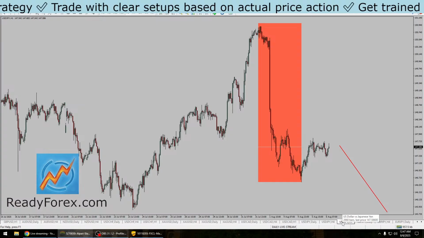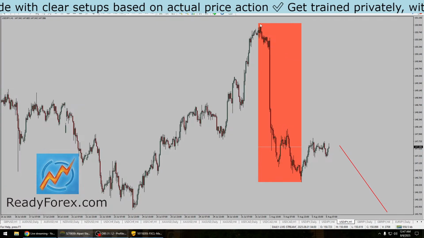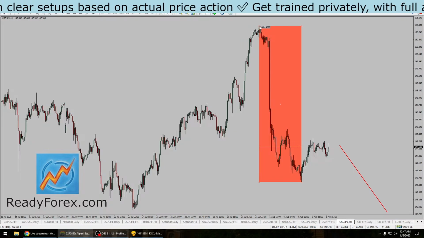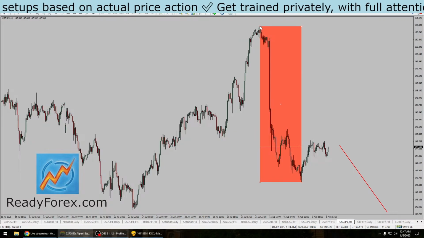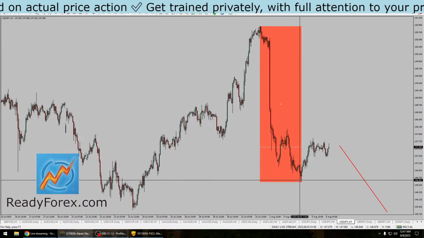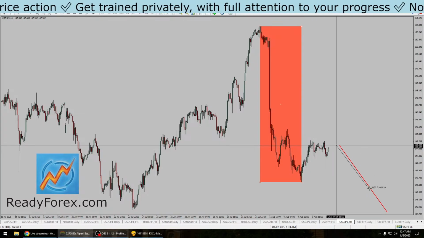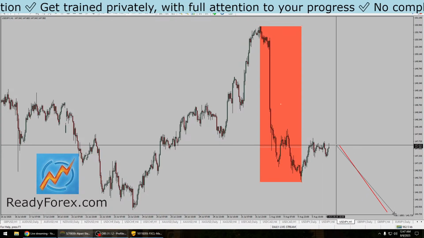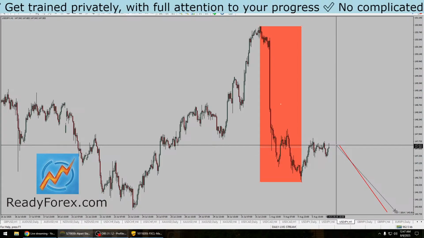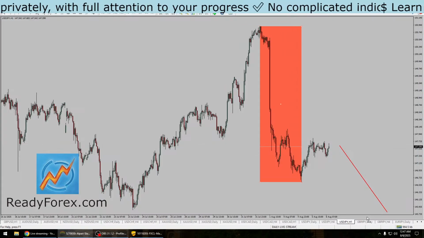Next one is the 1 hour time frame. So this is what I did. I drew this first leg, highlighted the first leg over here. So this is the first bearish leg over here. Expect market to move sideways and then expect a second drive to the downside in USD Japanese yen currency pair.